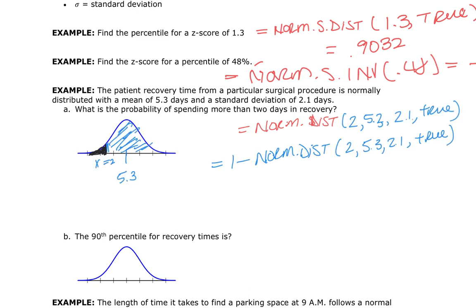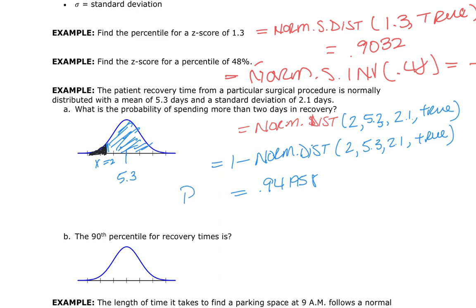Because every time I'm using the normal distribution, I am by default finding the area under the curve to the left of my data piece. And what I get is 0.941958.